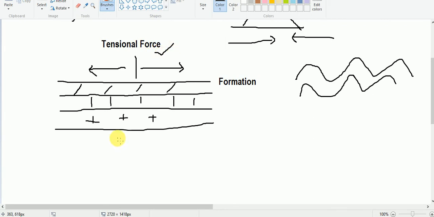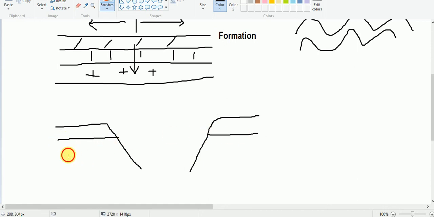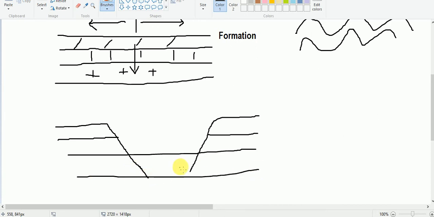Due to tensional force, as I told you, this area could be subsided, as we find here. In this way. So this is the first one, and the second, then third. Just see here.